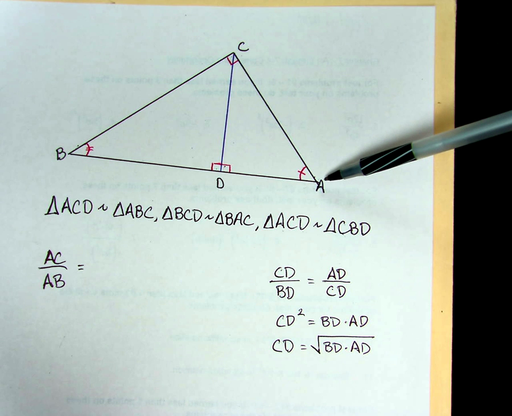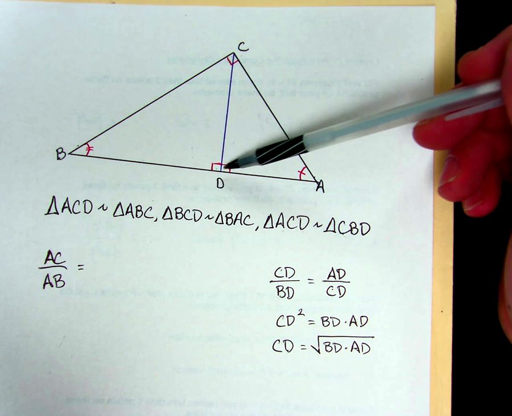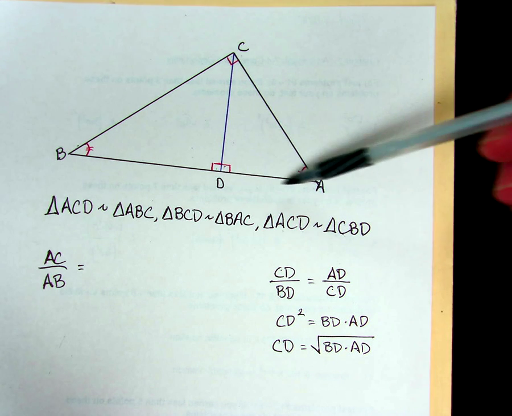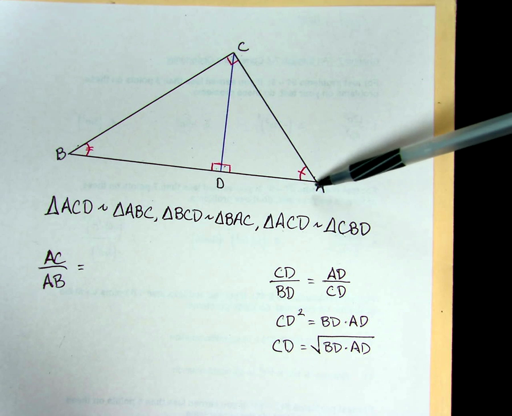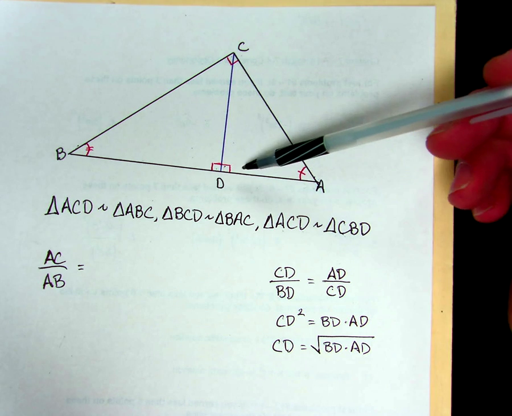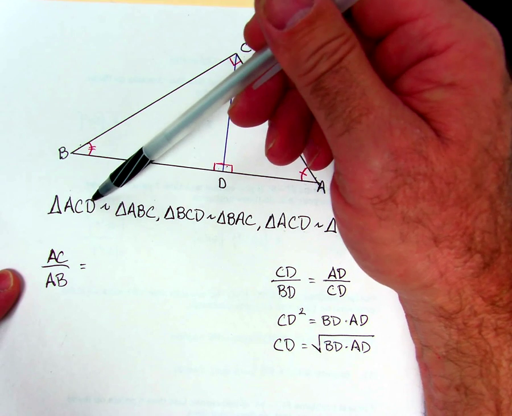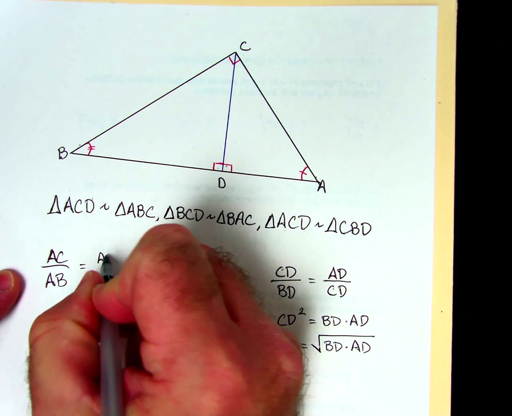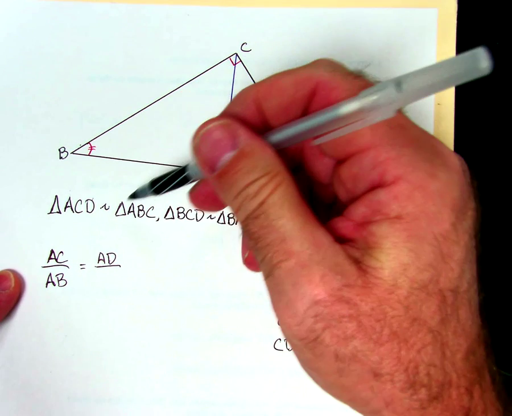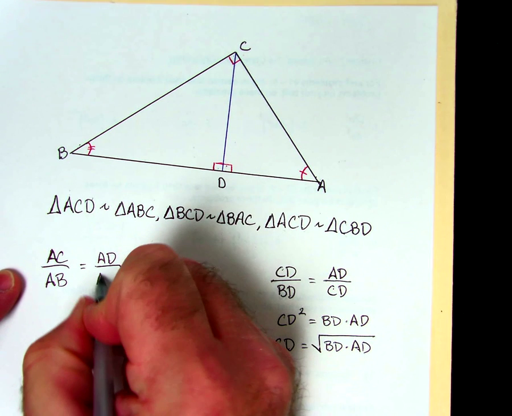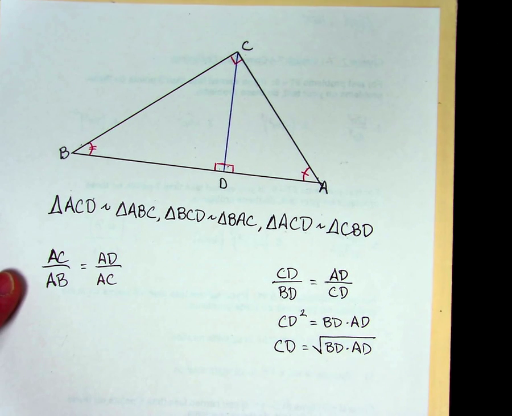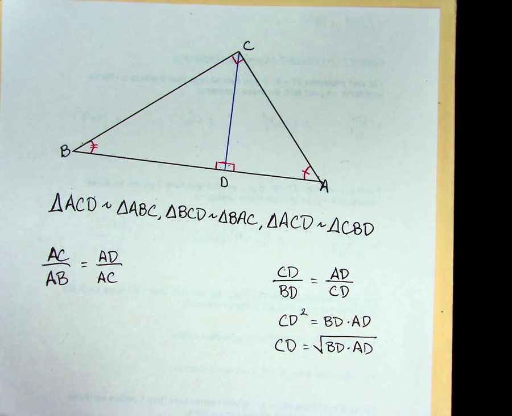And then segment AD in this smaller triangle corresponds to segment AC. See how our work with proportions has been so important?